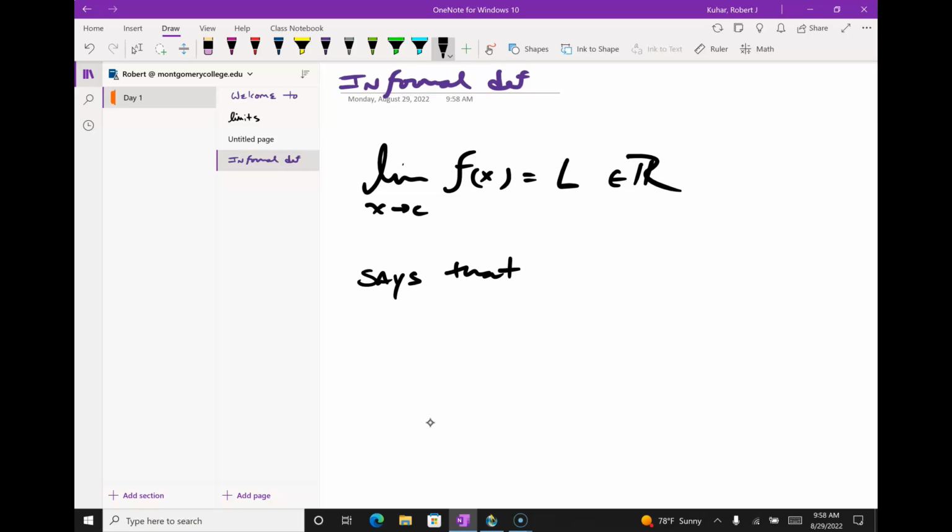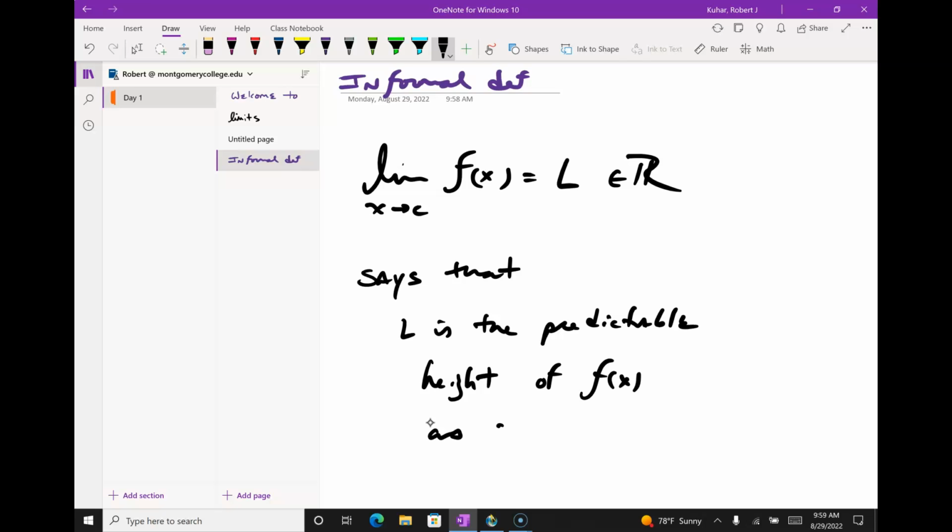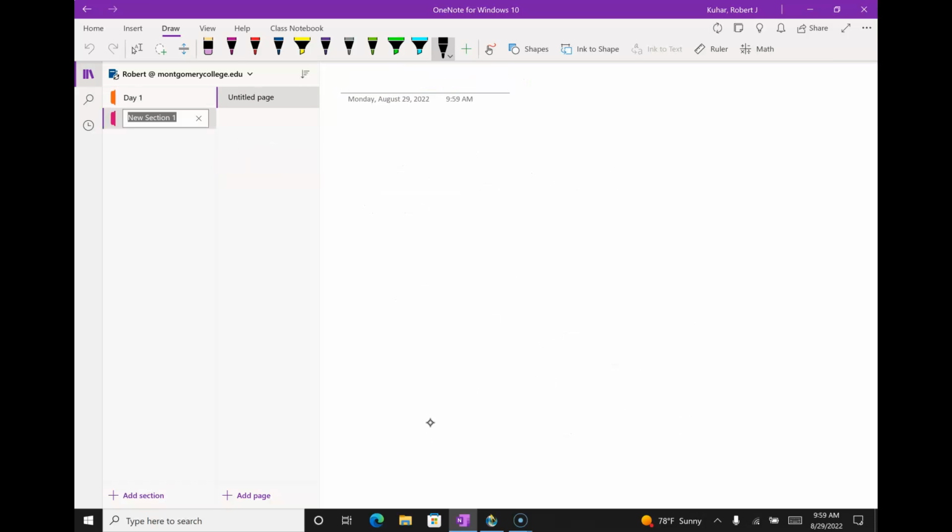Says that L is the predictable height of f of x as x goes to c. It doesn't have to get all the way there. I want to get real close, okay? And usually by the time I get to gas station money, 3 decimal places, I can make this prediction pretty easily. And we'll look at one on Desmos right now, if you want to have Desmos open for me.